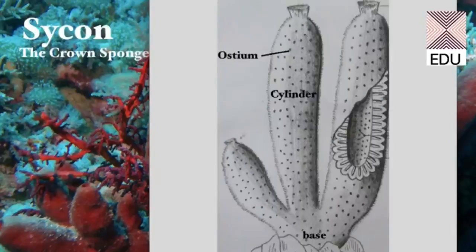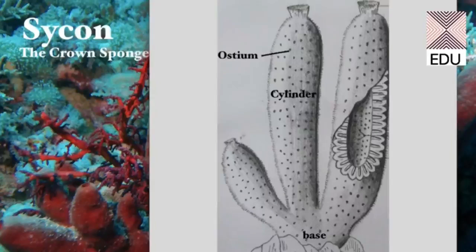Now what is the property of ostium? The outside water enters into the cylinder through these ostia. So the water is going inside the body of the Sycon through these ostia. On this particular side you can see the water is going inside the cylinder. So what is present inside the cylinder?